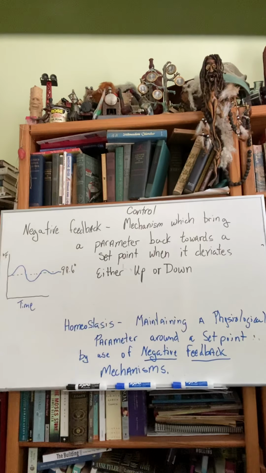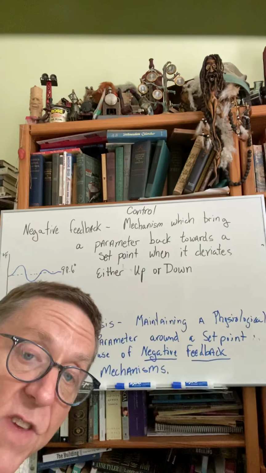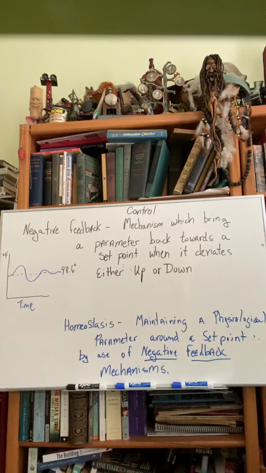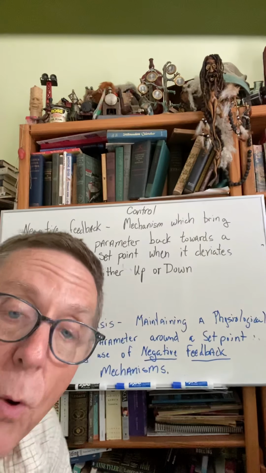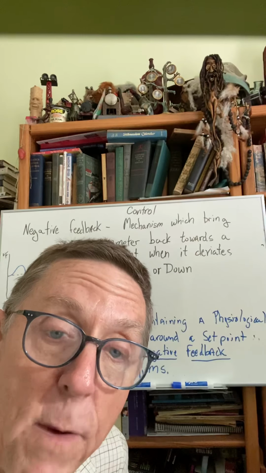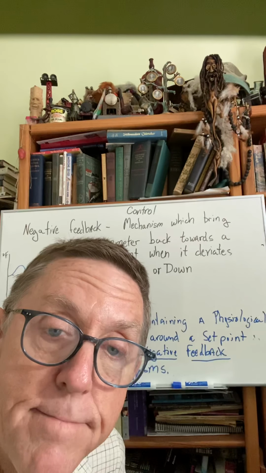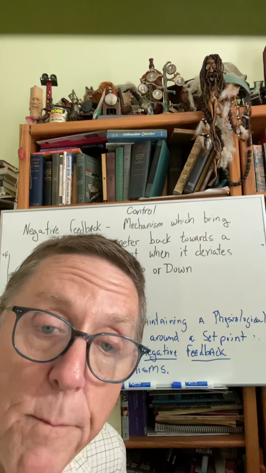So over here, hopefully you can see it, I have a graph. It has degrees Fahrenheit on this side and time over here. And we're talking about physiology, so I have a set point of 98.6. Why do we have 98.6? Body temperature, of course.